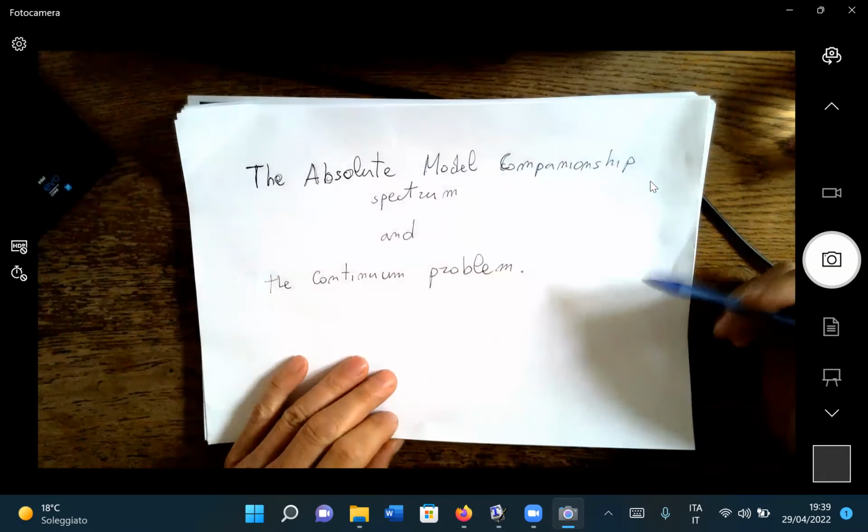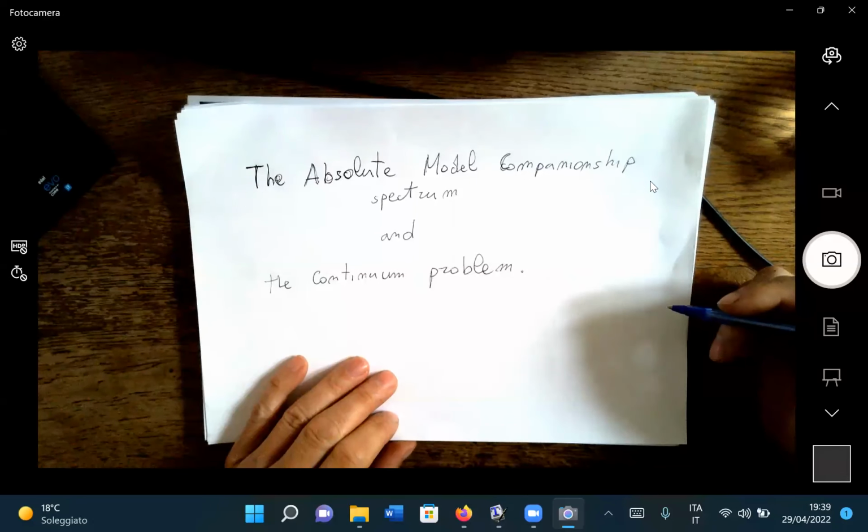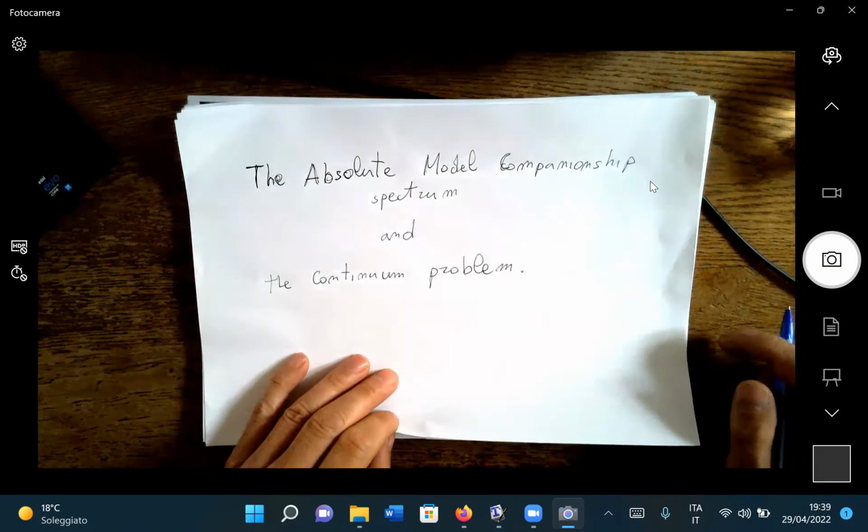And I will show that we can use the notion of model companionship to give a very neat model theoretic presentation of these generic absoluteness results.